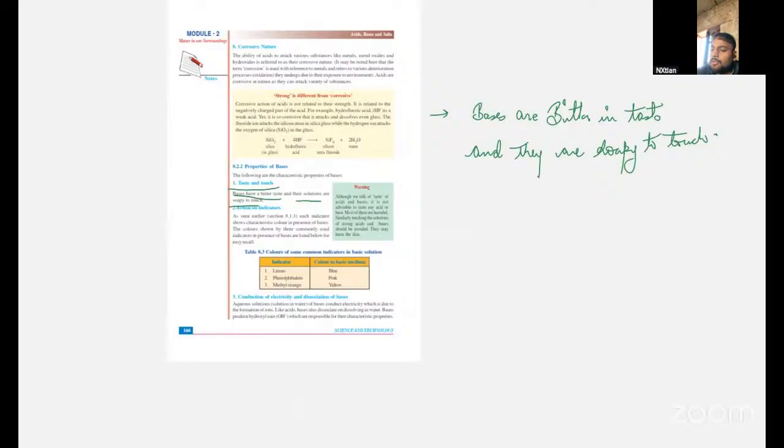That is called corrosive. And strong is that the concentration of H plus ions and OH minus ions are both in good number. That is called strong. They share a similar meaning, not the same, but similar.